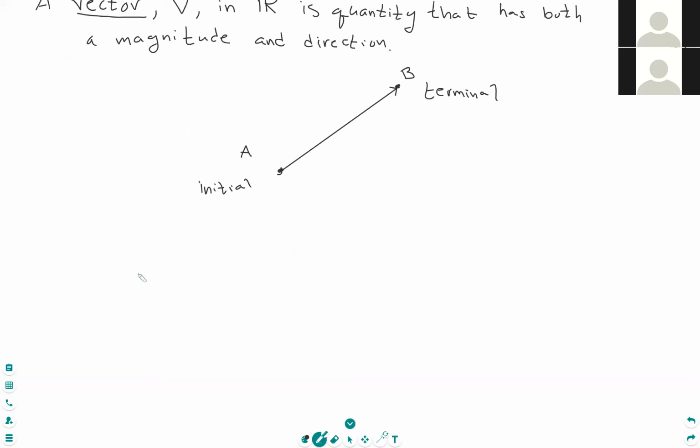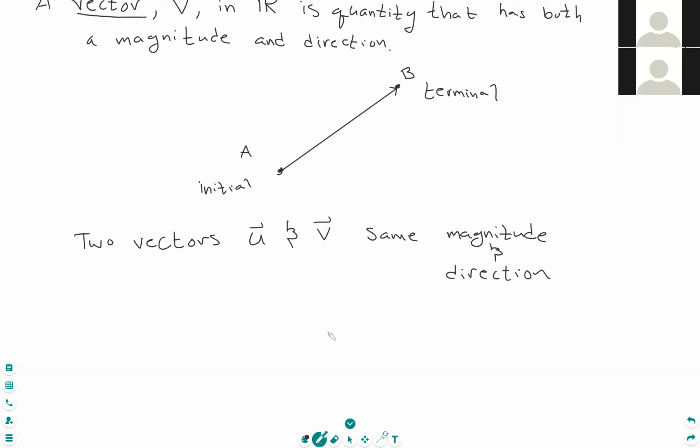So let's talk about how these things start to interact with one another. If I have the two vectors, we'll call U and V, and if they have the same magnitude and the same direction, then we'll call U and V equal.